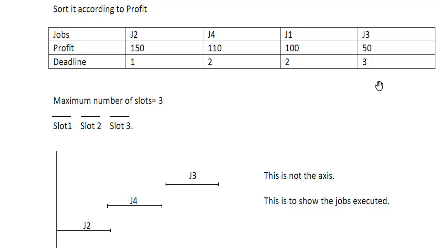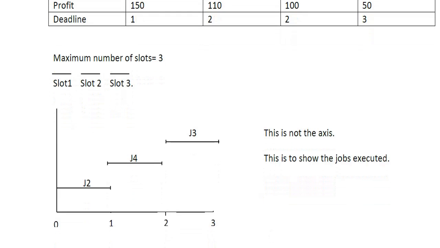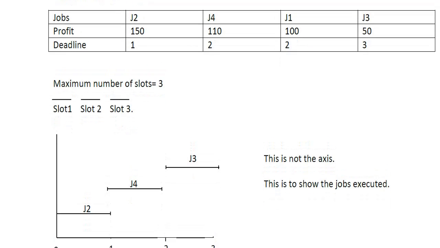So according to this, can we choose job 2 first with deadline 1? Yes. If we choose job 2, I will put it in this manner, whichever job goes first will be put. This is not the axis which I am putting.